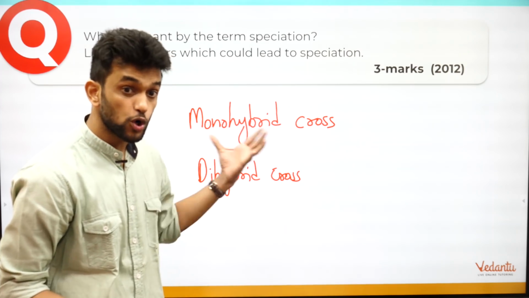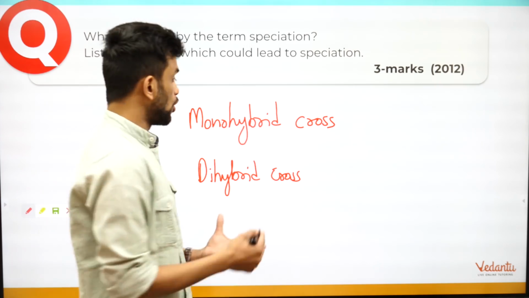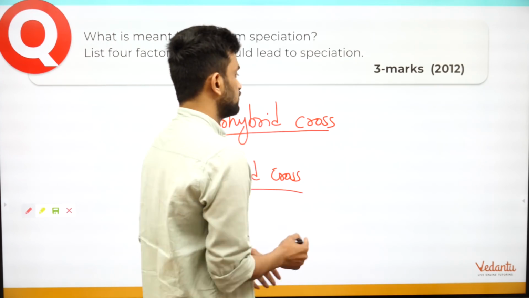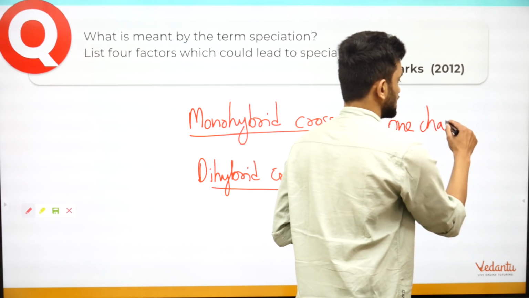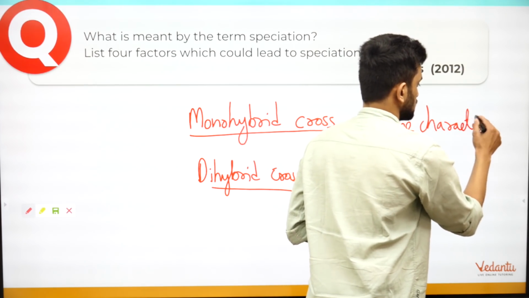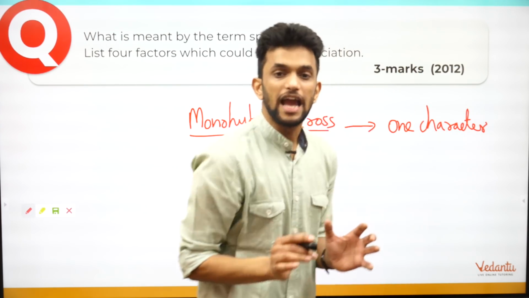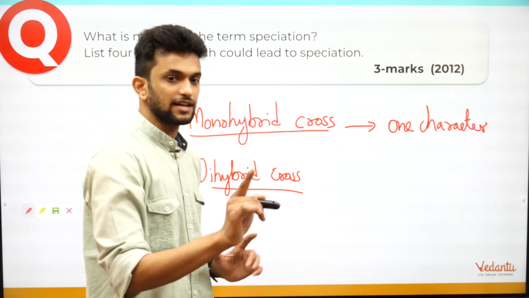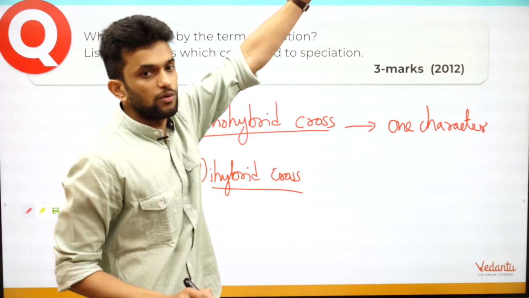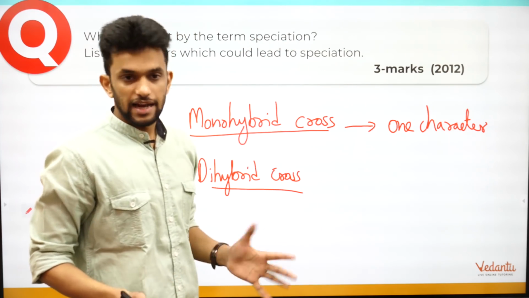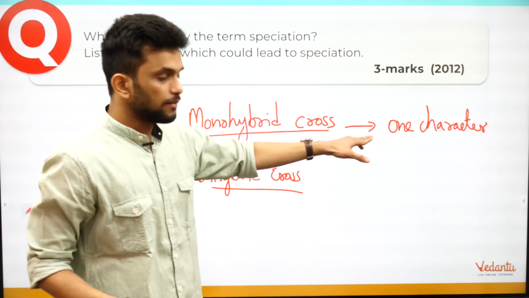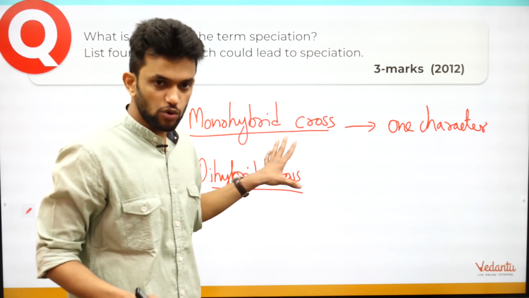Now what do I mean by monohybrid and dihybrid cross? A monohybrid cross is when I am studying only one character. Say if I am studying heredity and I am only looking at one character, say tallness. I am studying how tallness is transferred from one generation to another. So that means I am doing a monohybrid cross.